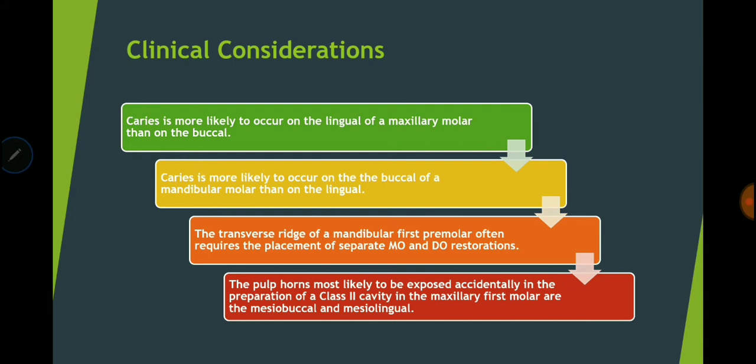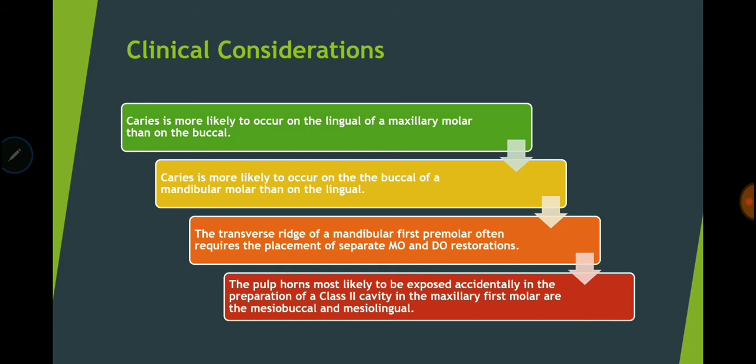Remember, there's a distal lingual groove right next to the oblique ridge. Caries is more likely to occur on the buccal of the mandibular molar than on the lingual, and that's because on the buccal of the mandibular first molar there is a buccal pit.